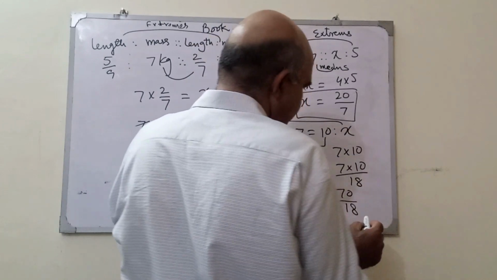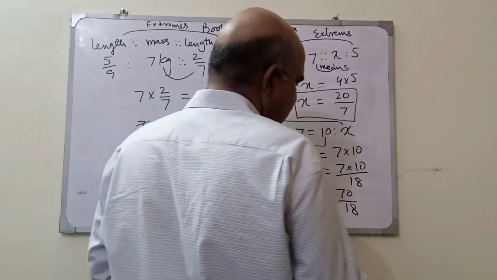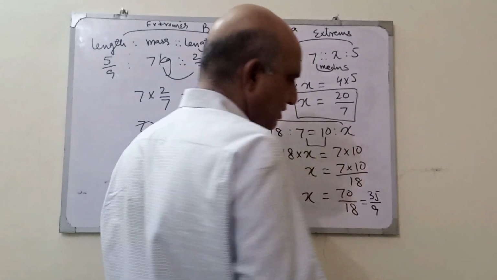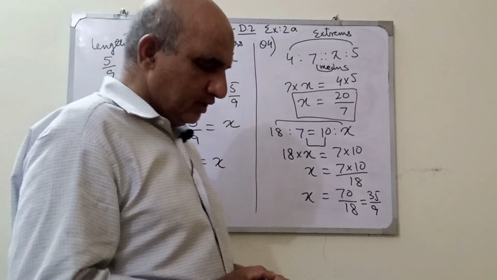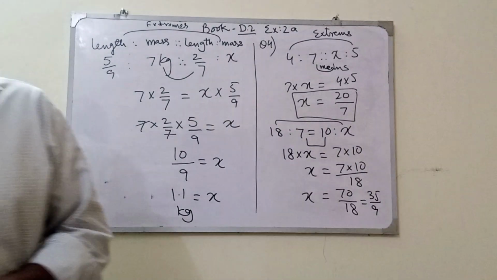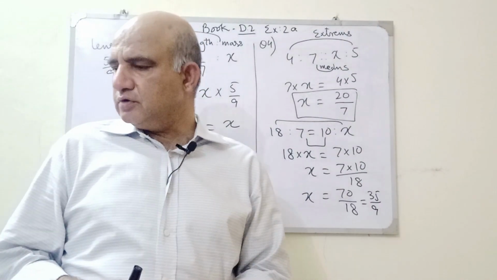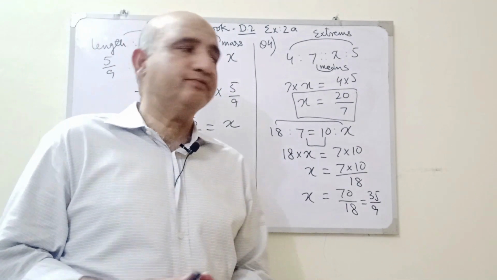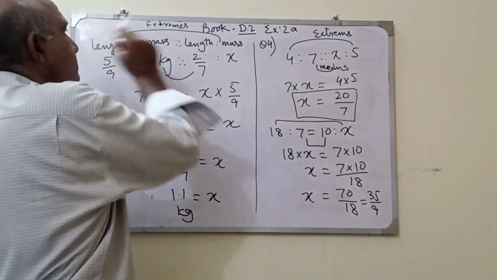You can write it like this, or you can write it as 35 over 9 as well, kg. In this way, this is question number 5. I'm sorry, this is not 4, this is question number 5.